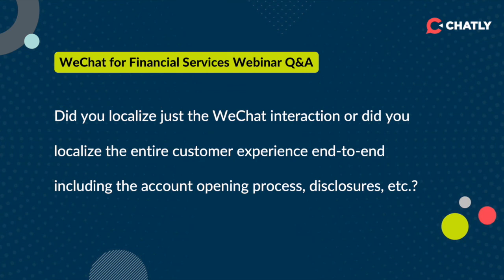Maybe your APIs are the same, you're pulling the same data points, but you really need to localize your web experience and your content to meet the clients where they are. That being said, WeChat did allow us to do that much easier by connecting to our account opening APIs, as opposed to rebuilding an entire website. It was also just more efficient for us. But Jeff, I'll let you answer as well.